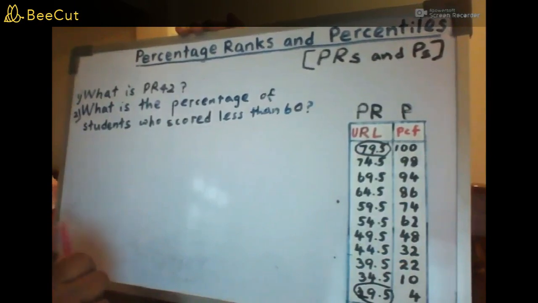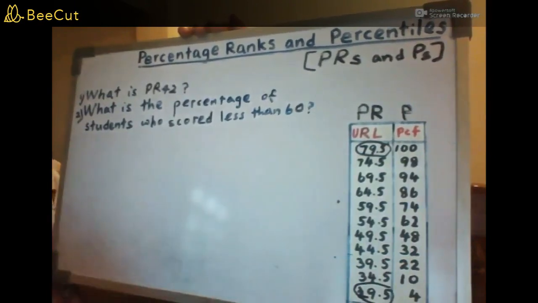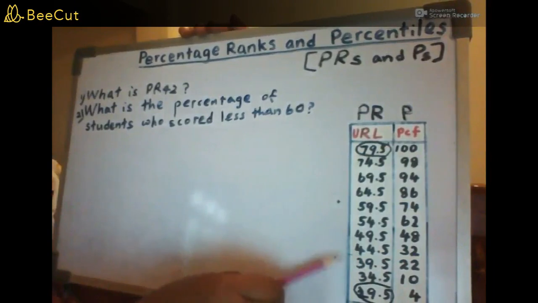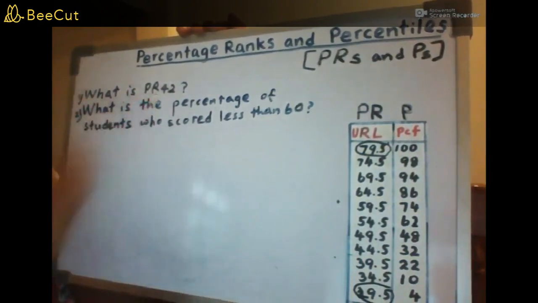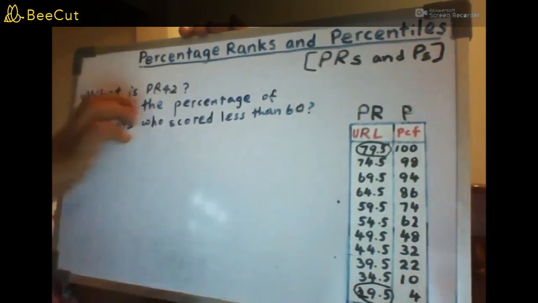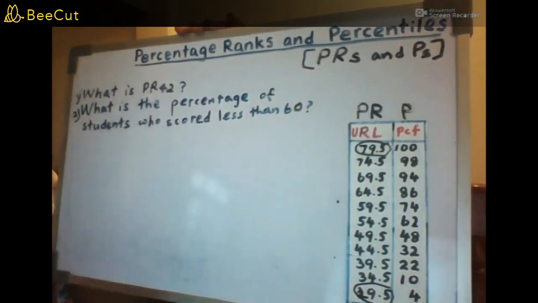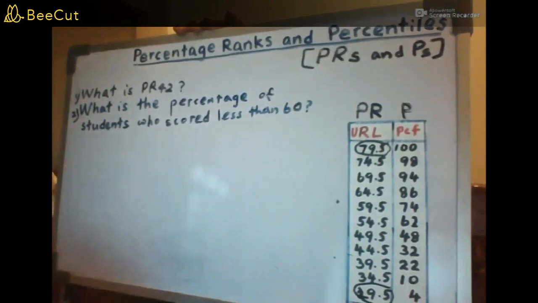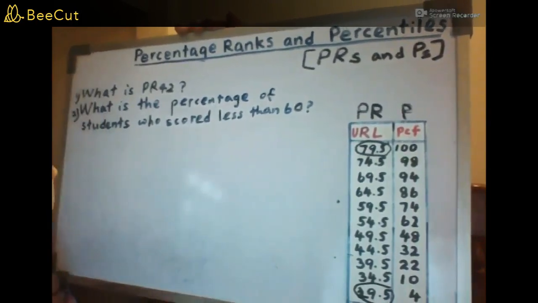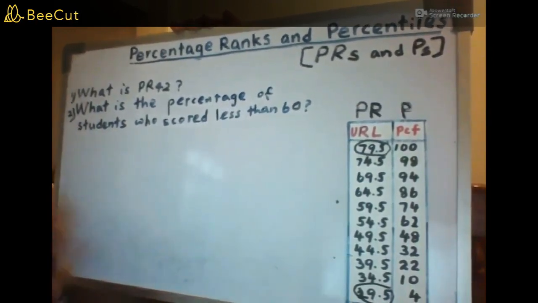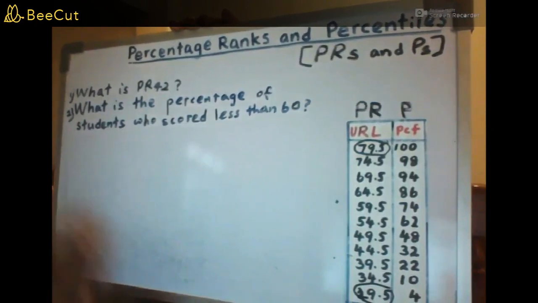Suppose they ask, what is PR 42? Now I am going to tell you one very important point. Sometimes these questions are not easy to understand. Don't try to understand the question.